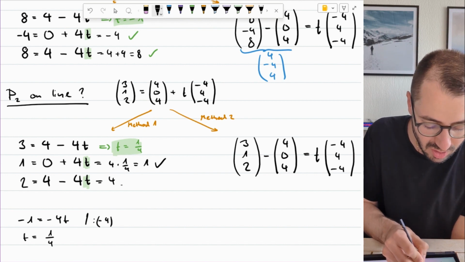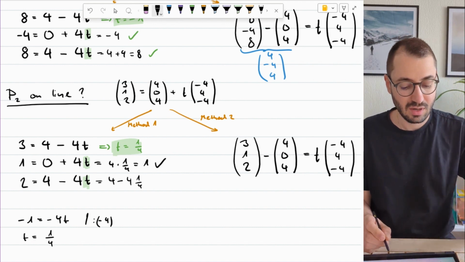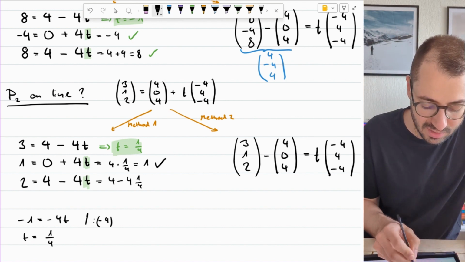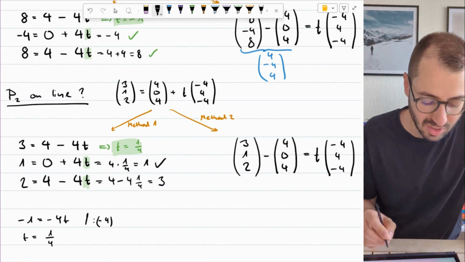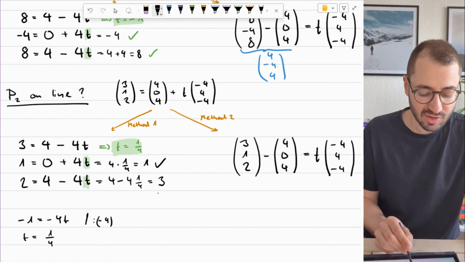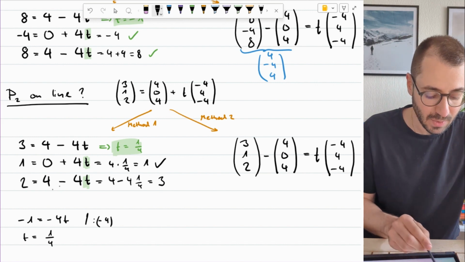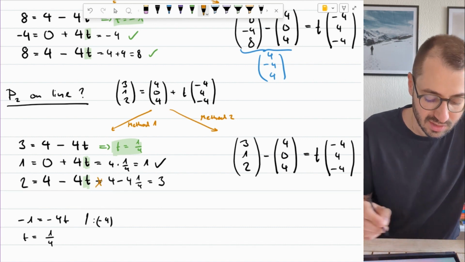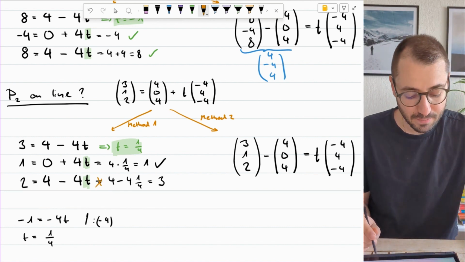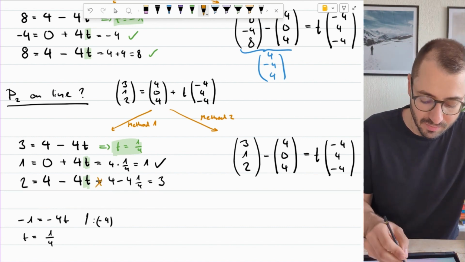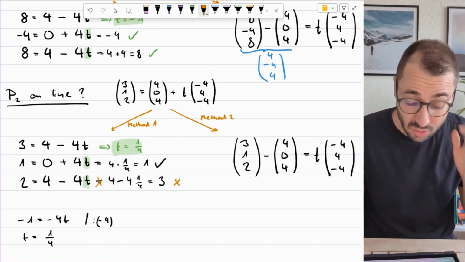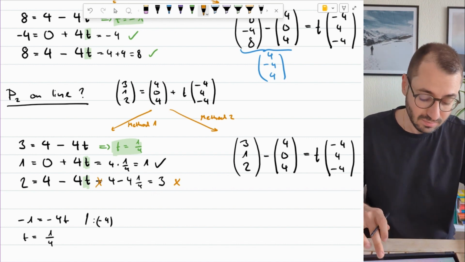Here we have 4 minus 4 times 1/4, which is 4 minus 1, so this will be 3. And now we get a contradiction: 2 equals 3. Well, that's definitely not true. This equation doesn't hold, and so we know that P2 is not on the line.